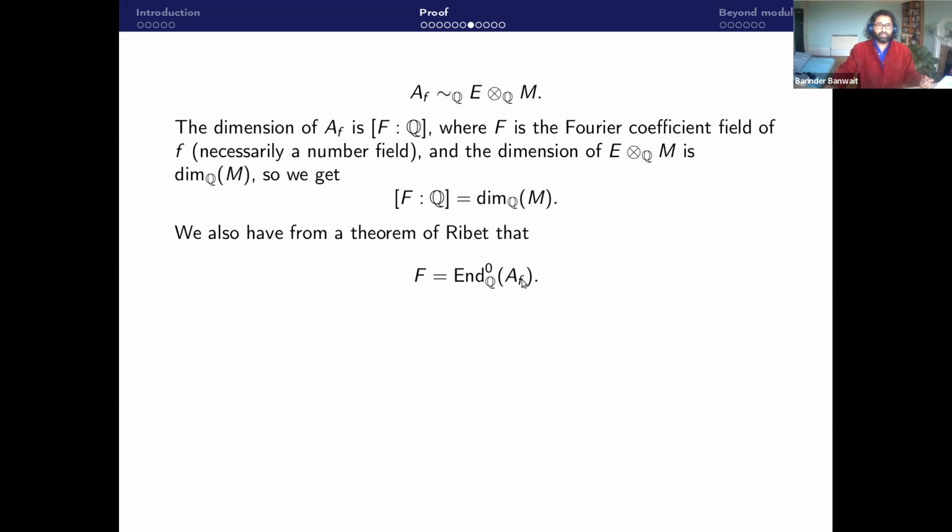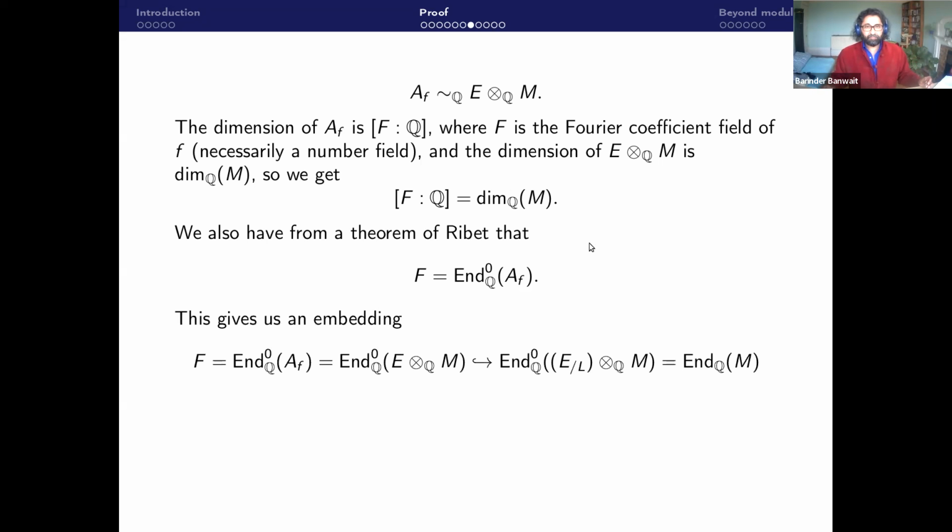So in particular, A_F is simple over Q, not necessarily over Q-bar. So we then have the following equation. The endomorphism algebra of A_F, by this isogeny here, is then equal to the endomorphism algebra of this tensor product.